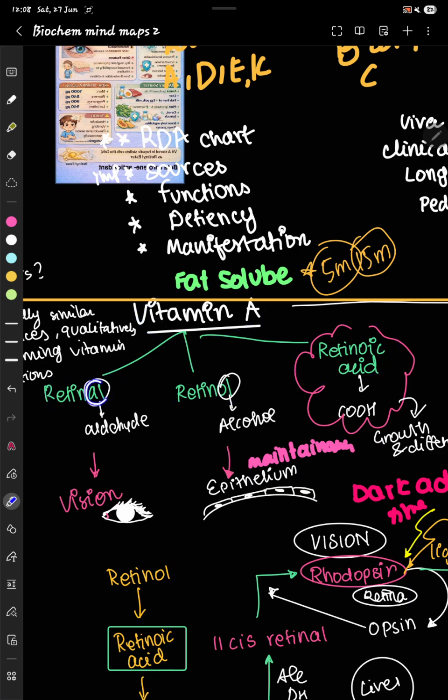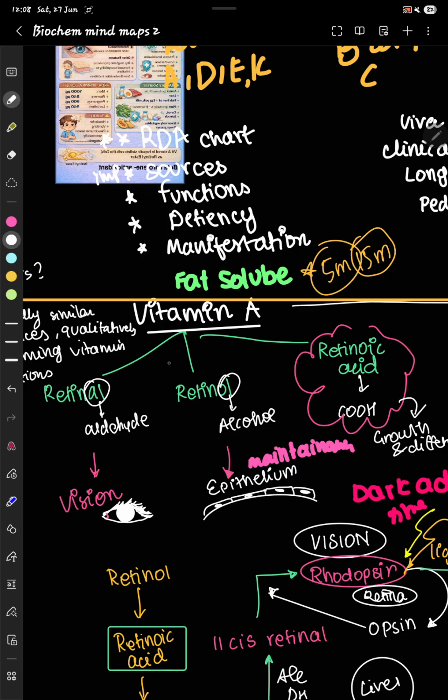You can see that only the functional group has changed, but these are the vitamers of vitamin A. Retinal is the aldehyde form of vitamin A. The alcohol form of vitamin A is retinol. The carboxylic acid form is retinoic acid, right?